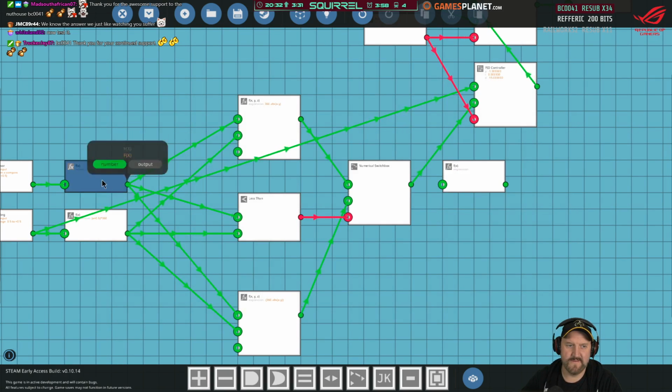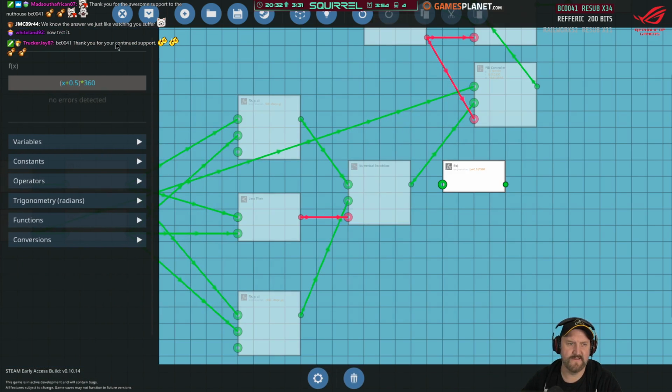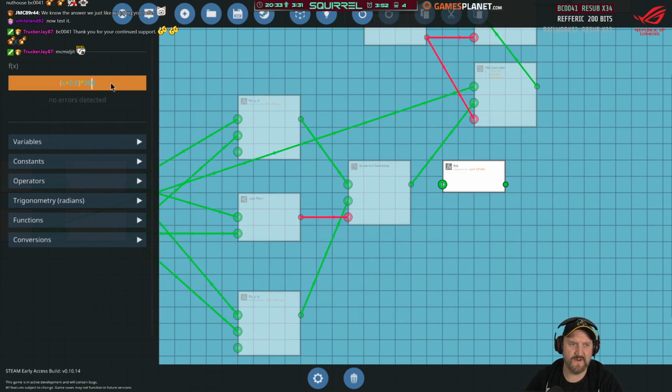So the reverse of that. So you want to divide it by 360 and add 0.5, I think. Subtract 0.5. So divide that by 360 degrees, and then subtract 0.5. All right?